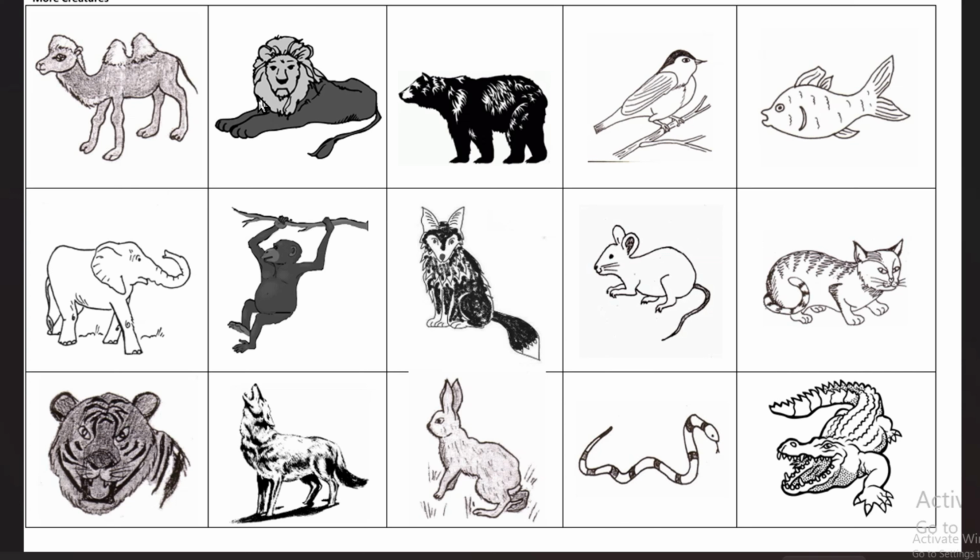Okay, the next one. What is this? Shir. This is a lion. If I say, is the lion dangerous?